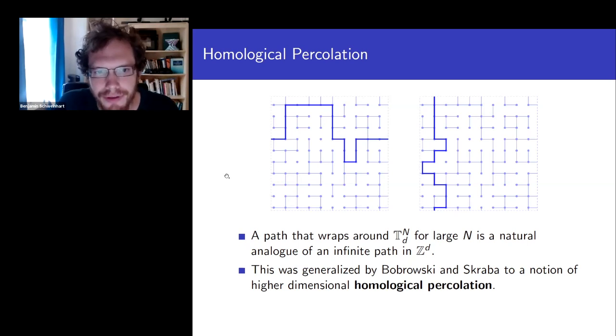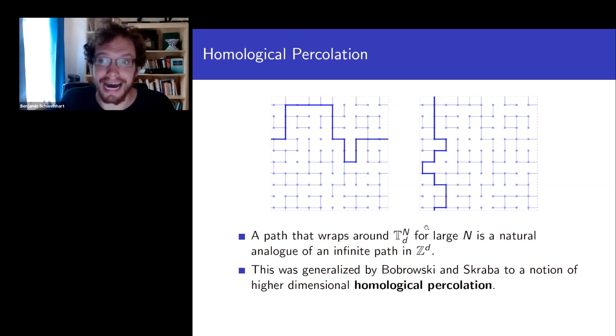And here we view the finite analog of the infinite component that we study in bond percolation as a path that wraps all the way around the torus. So you see here that we start here and we come back to the same point on the other side. And here is a rotated event, where we start at the bottom and we go to the top. And this is in fact the same point because we've identified opposite sides.